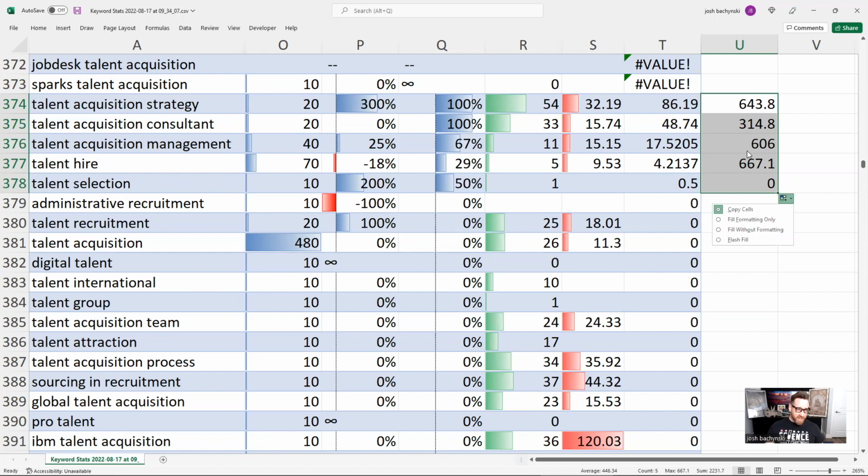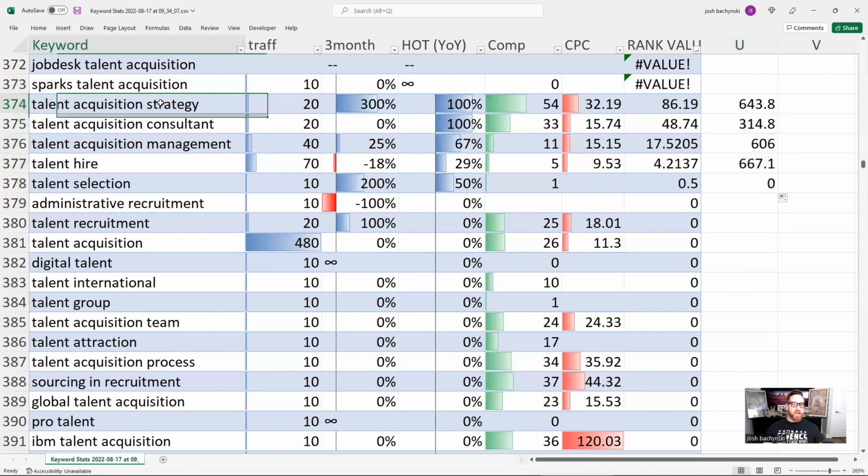This is B2C, so that's probably correct. And even if they only acquire a third of these, fine. So a third of 22,000 is what? 6,000, 7,000 is how much this should be worth your client to rank for this.